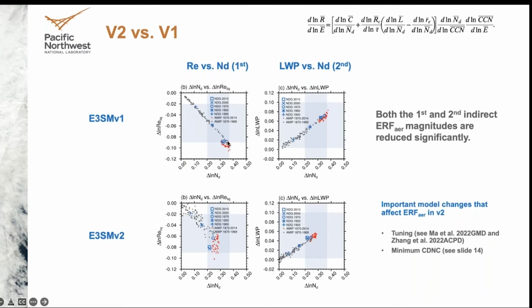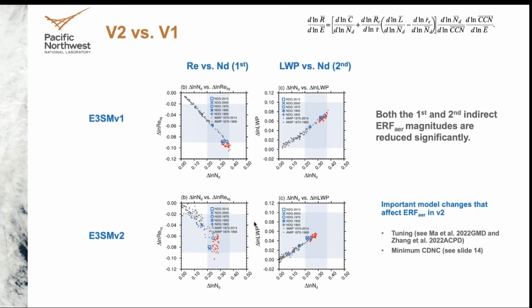As you can see, the x-axis indicates the relative changes in cloud droplet number concentration, and the y-axis indicates the relative changes in the effective radius and liquid water path. For V1, for year 2010, the present day estimate, our estimate is about 0.3 for the relative changes in droplet number.